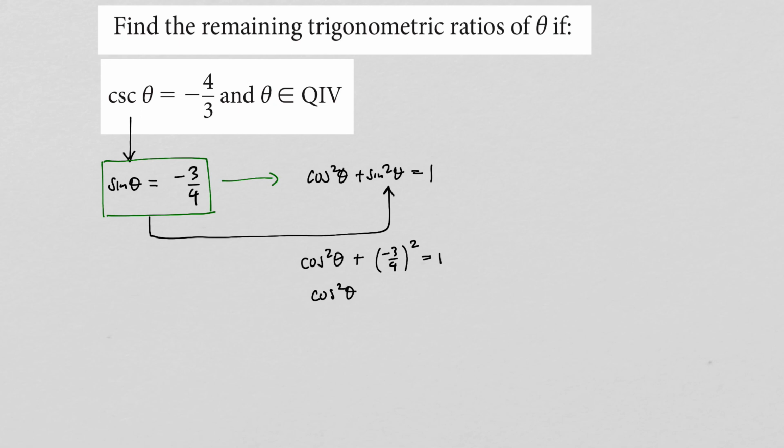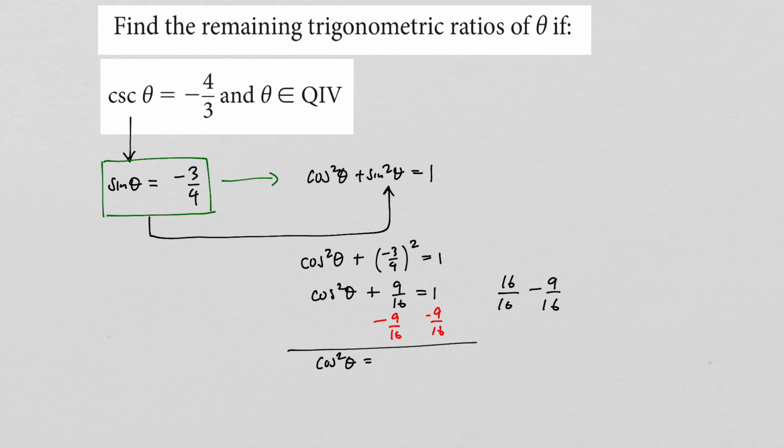This is cosine squared plus 9/16 is equal to 1. And then we can subtract 9/16 from both sides. And this will give us cosine squared of theta equals 1 minus 9/16. So we need to remember that 9/16, if you take that away from 1, that's going to be 16/16 minus 9/16, right?